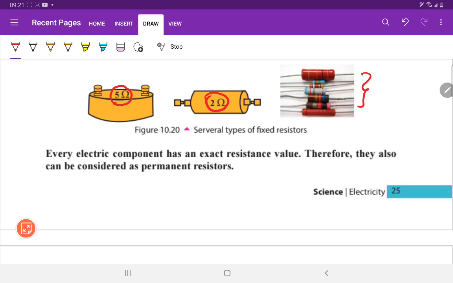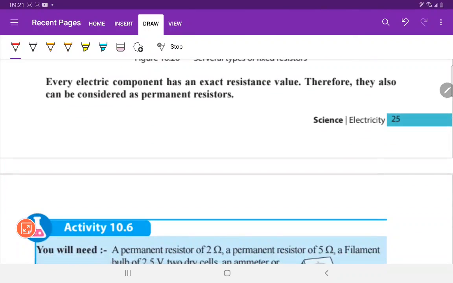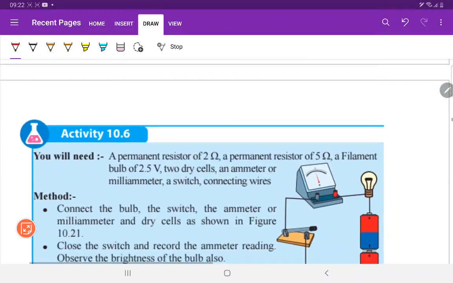Therefore they are considered permanent resistors, because every resistor has a fixed value. Likewise, 2 ohm, 5 ohm, 10 ohm, 15 ohm, 20 ohm, it goes on. Those are also considered permanent resistors.